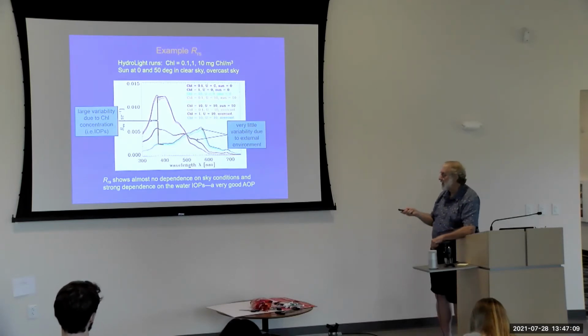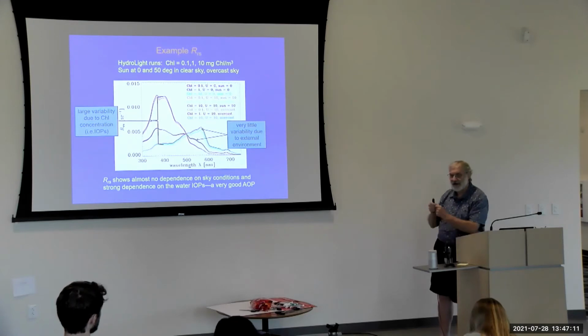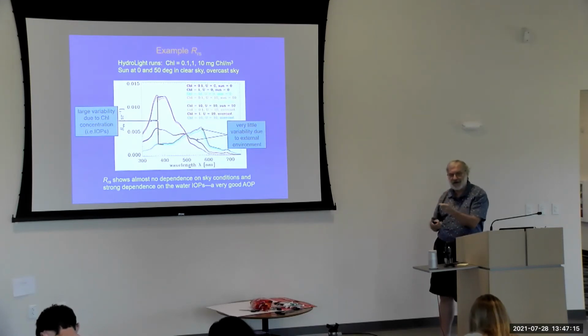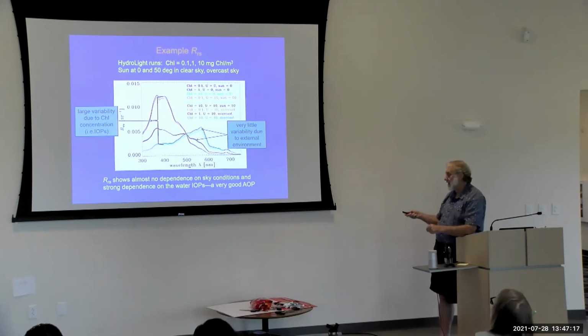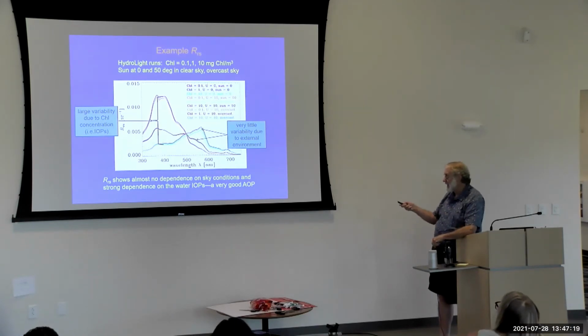But then once they got sensors that they could calibrate well enough that you could trust the absolute values of ED and LU, then you switch over to this and you get a really great separation and very little environmental effect.